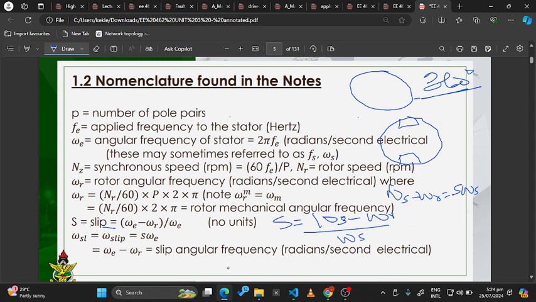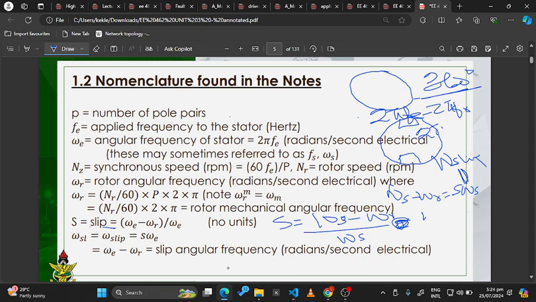This makes sense. And the relation over here, which is omega s minus omega r equal to s omega s, this here is equal to the slip angular frequency, omega slip. Is that okay? So then this is the same as 2 pi fe minus 2 pi fr.